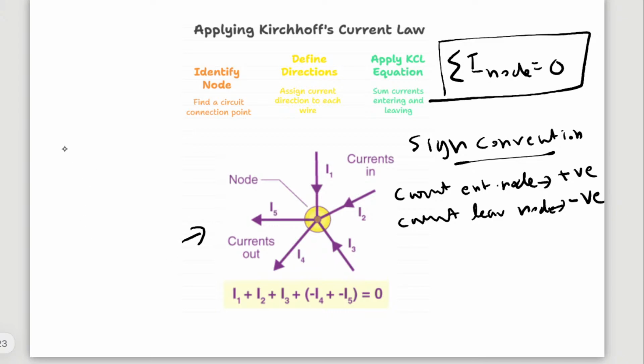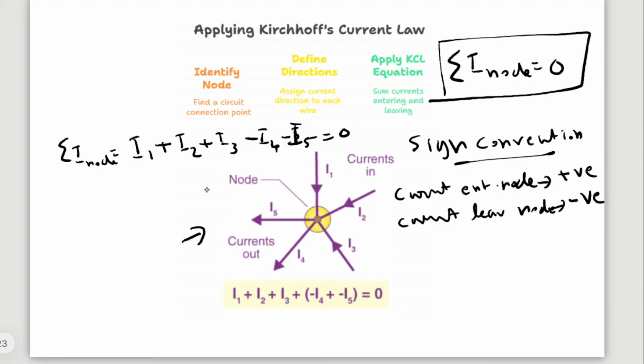I can write sigma I node equal to, here I1 is entering, so positive I1, plus I2 is entering, plus I3 is entering, then I4 is leaving, I5 is leaving, which is equal to 0.